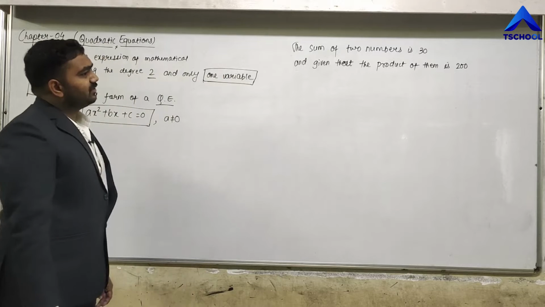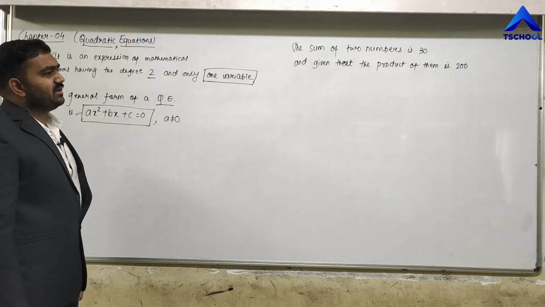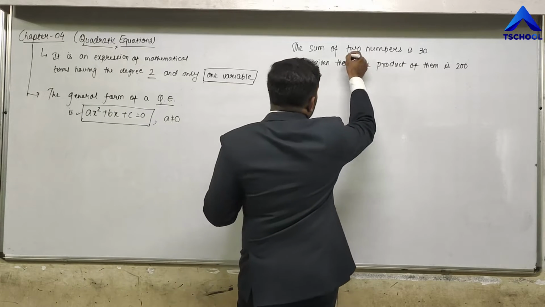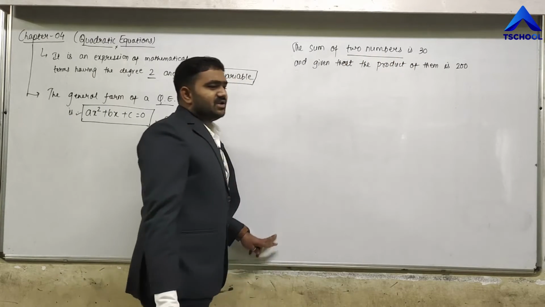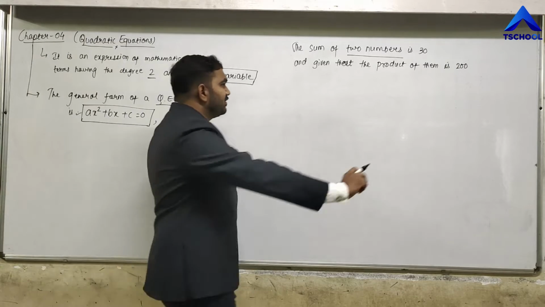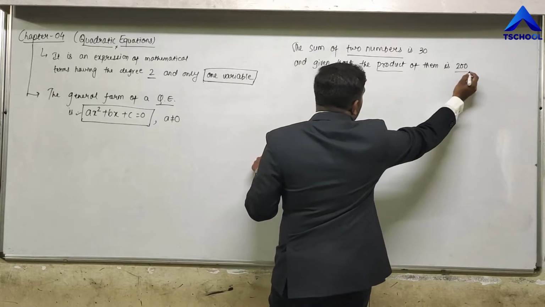Sum of two numbers is 30 and given that the product of them is 200. So you might come up with two numbers first of all, such that their sum is 30 and the product of these two numbers is again 200.